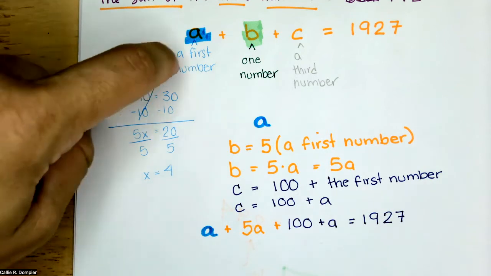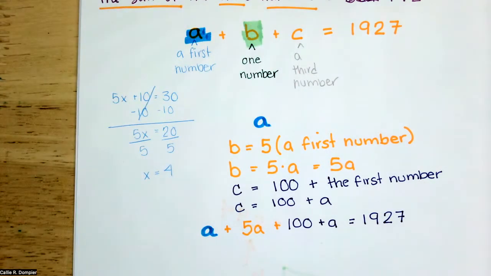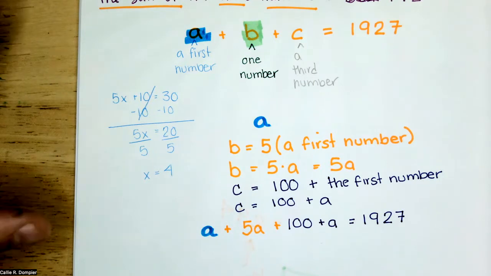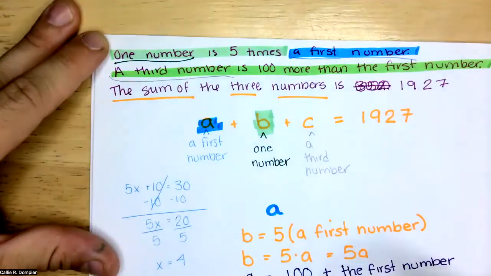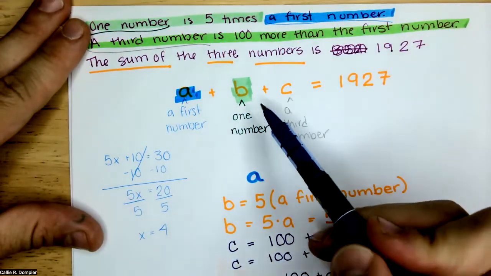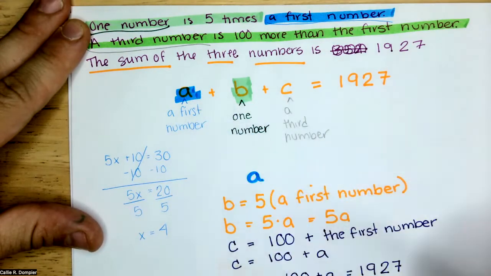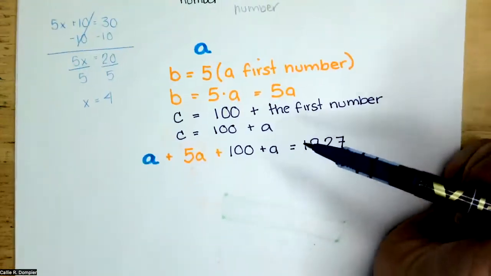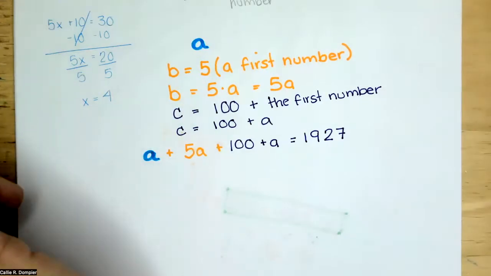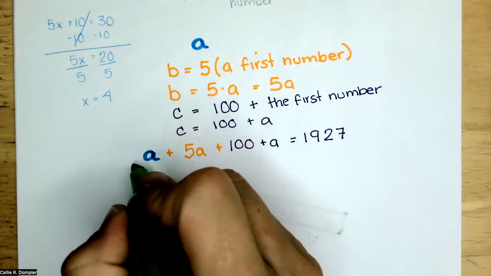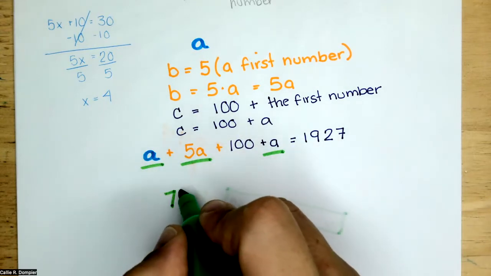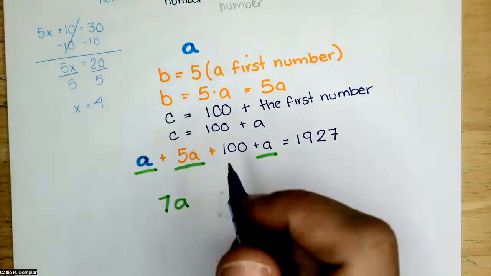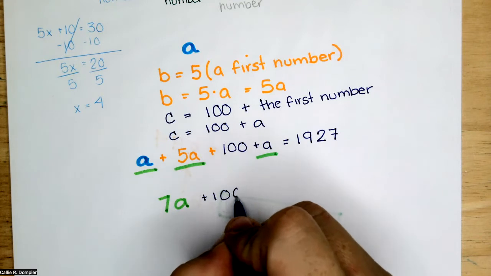So we took 3 different numbers and we put them all in terms of the first number, because they gave us the information in these sentences to describe the next number in terms of A and the third number in terms of A. Now we're just combining like terms, right? A and 5A and A, 5, 6, 7 becomes 7A plus 100.